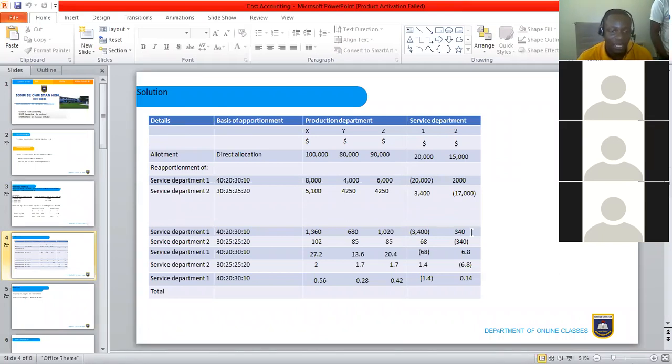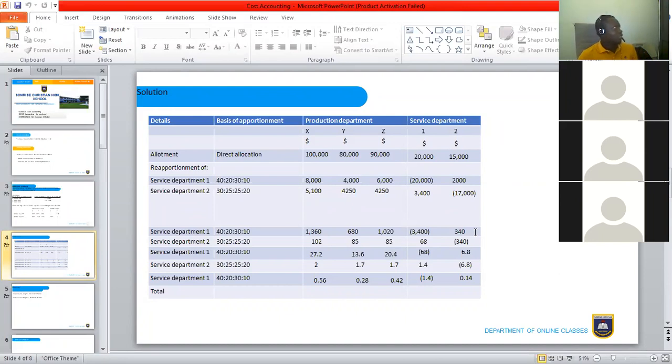And do not forget, there is another figure which is 340, which falls under service department 2. And you know, 340 is significant. The principle here is that you must keep sharing or reapportioning service department costs until they become insignificant.